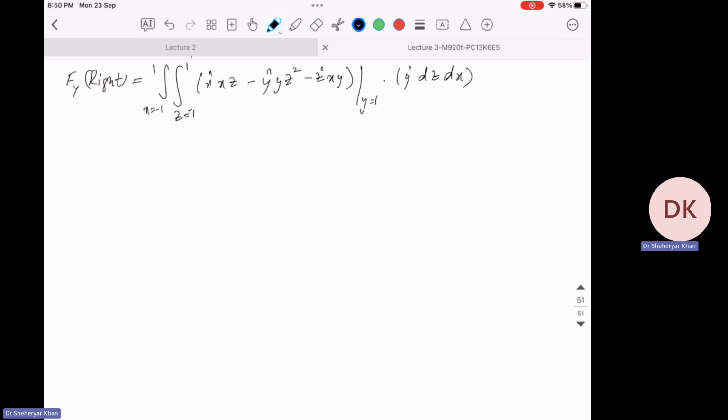And remember to use y. So these are the changes. These are 3 changes. When you use y, remember to use x and z as the limits of the integration. Okay, so it's more like a symmetrical solution. So you see now it's xz.